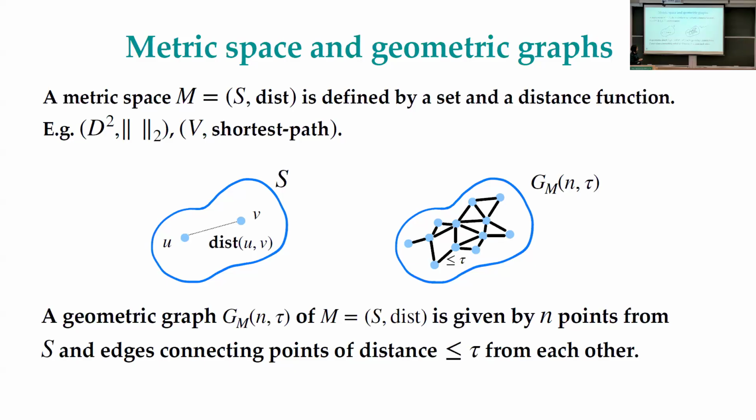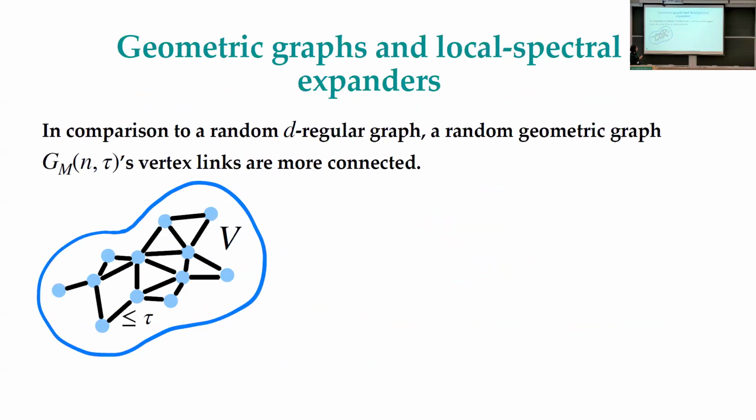So why would these geometric graphs be good for constructing high dimensional expanders? The intuition comes when we compare it with a random d-regular graph. Let's consider a random d-regular graph and a random geometric graph over some metric space in which we pick the distance τ so that the average degree of the graph is also equal to d.